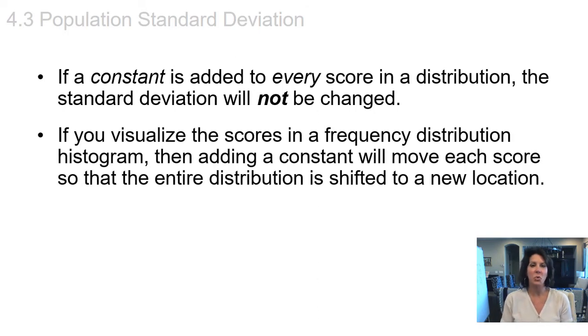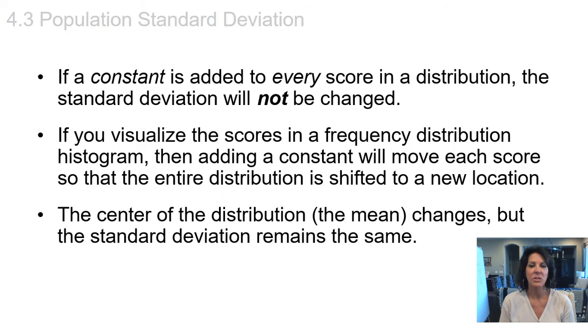Think of the scores in a histogram: if you add 2 points to each score, you're just shifting the whole distribution to a new location, but the relationship between the scores has not changed. So the mean changes, but the standard deviation stays the same.